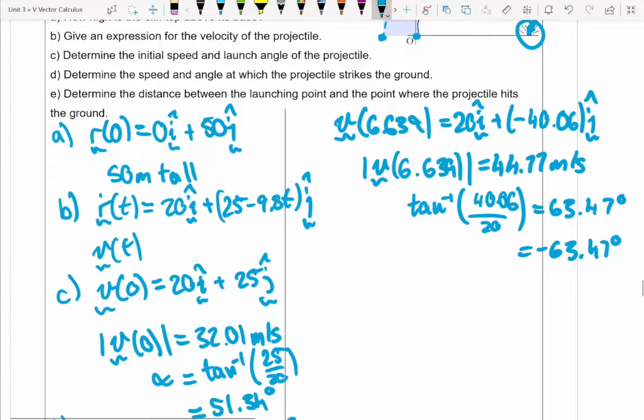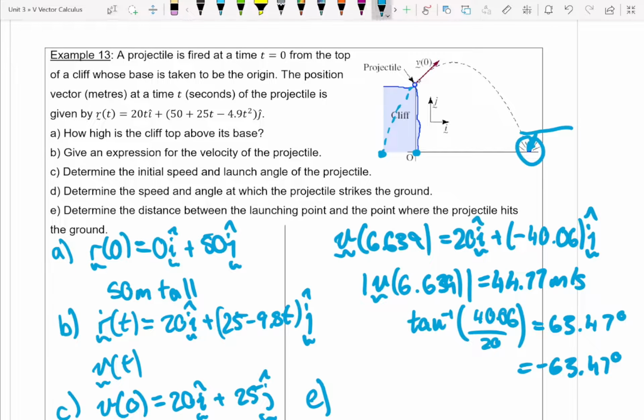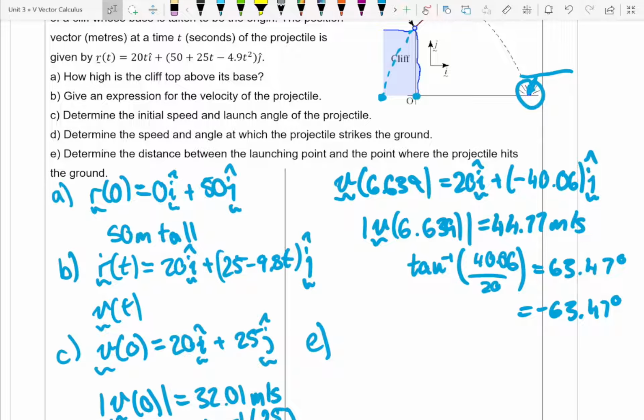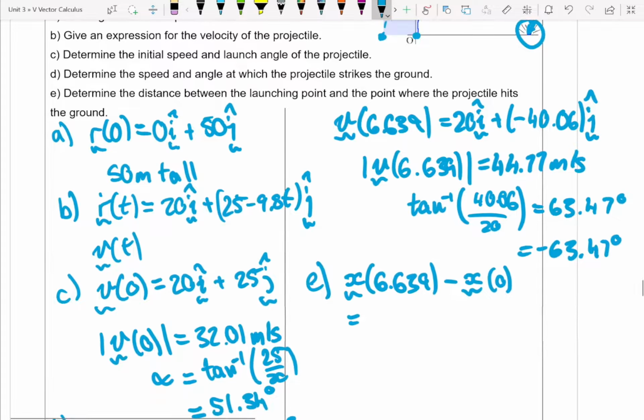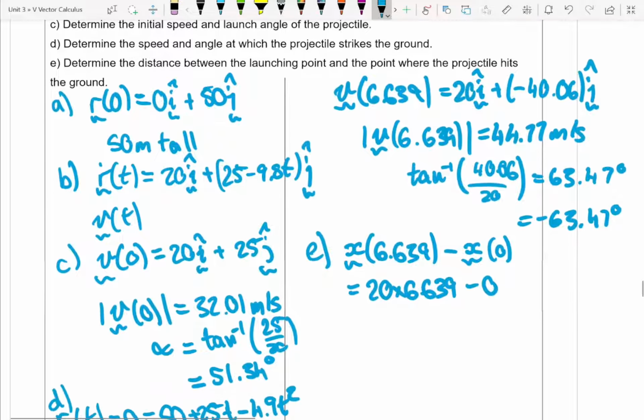And so lastly, we're asked to find the distance between the launching point and the point where the projectile hits the ground. So that's the distance between x of 0 and x of 6.639. We take x of 6.639 minus x of 0, which is 20 times 6.639 minus 0, because we're only interested in the i components.